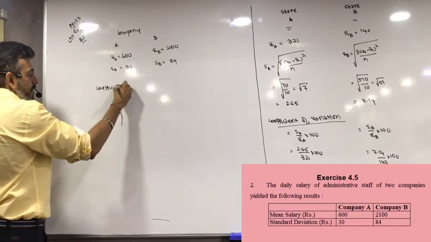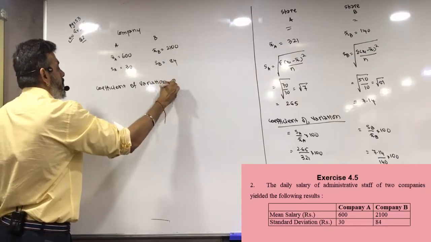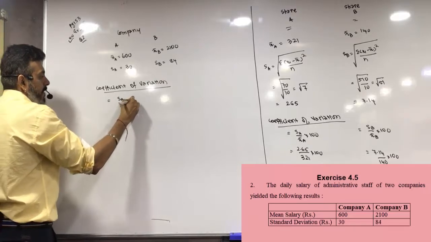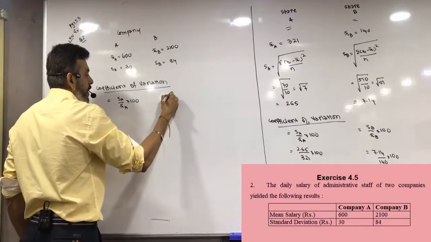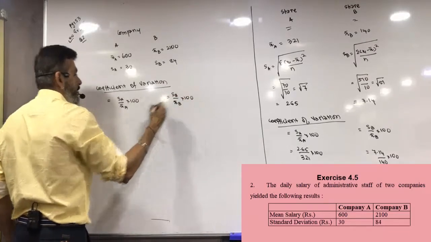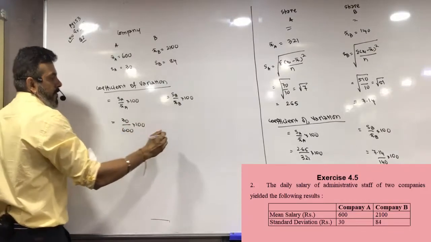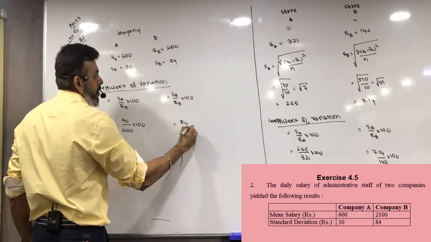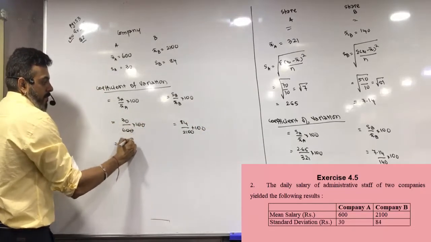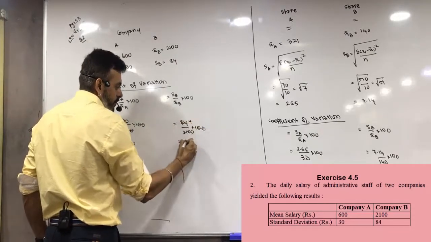Coefficient of variation is equal to standard deviation A upon mean of A into 100, and over here standard deviation of B upon mean of B into 100, which is equal to 30 upon 600 into 100, over here 84 upon 2100 into 100, 5%, 4%.